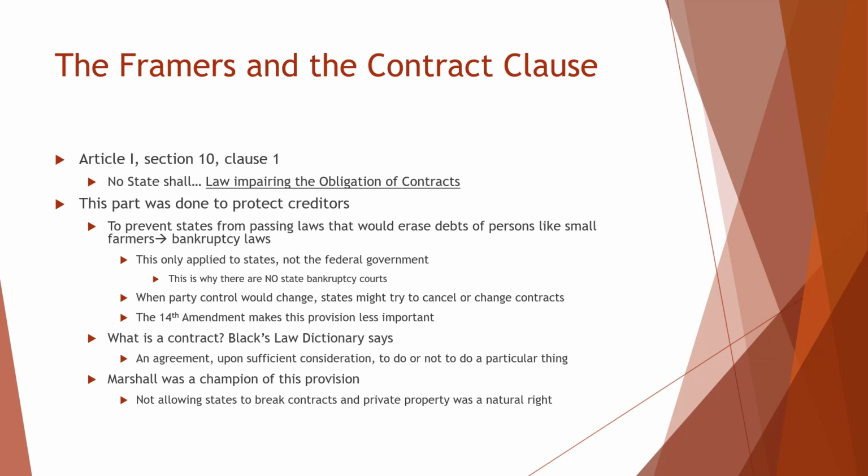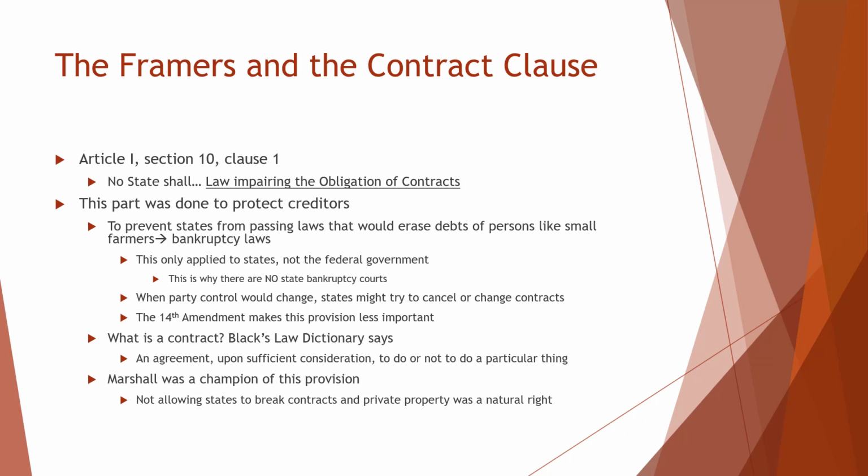I think one of the things that you're going to see in Fletcher versus Peck, and then in the Trustees of Dartmouth College versus Woodward, versus, let's say, when we get into the Taney Court, is this. These decisions are very good for certain very privileged people.